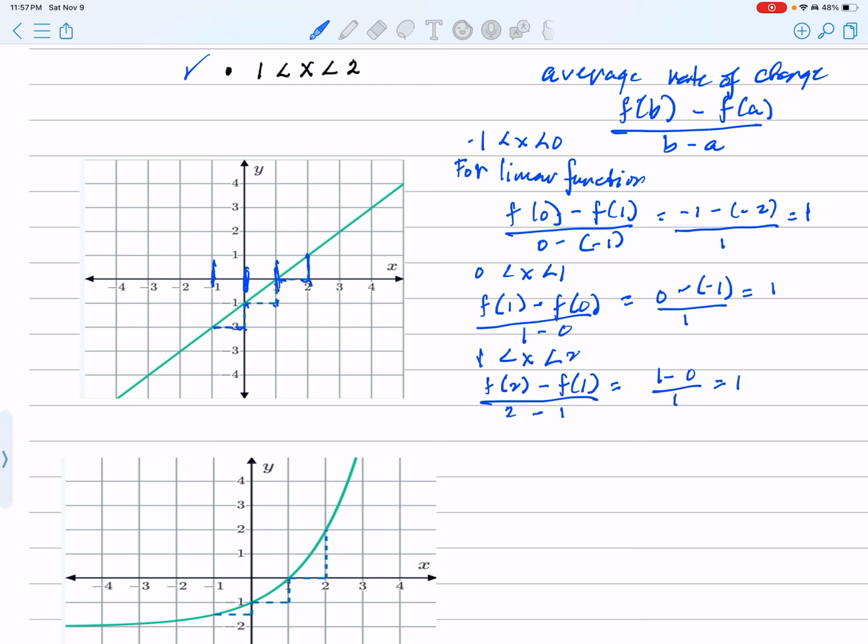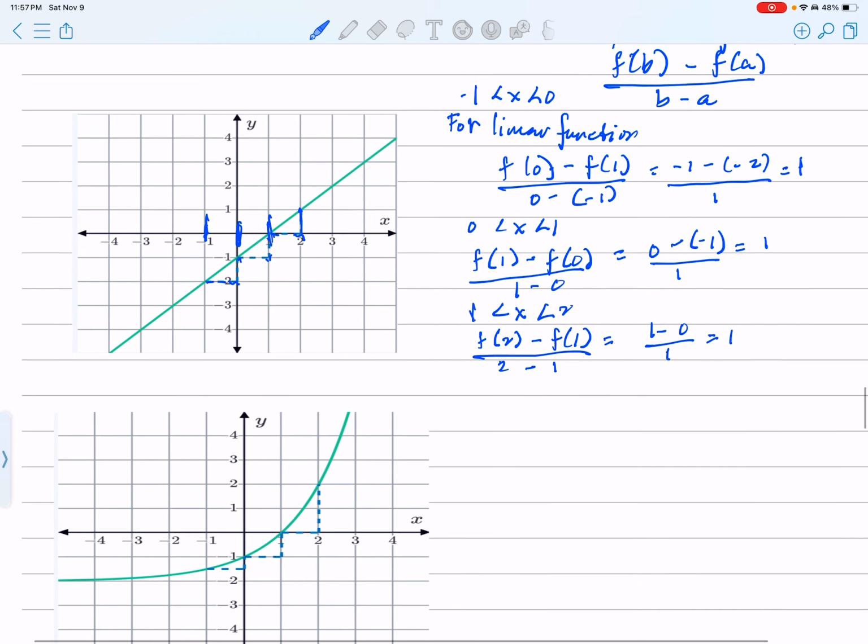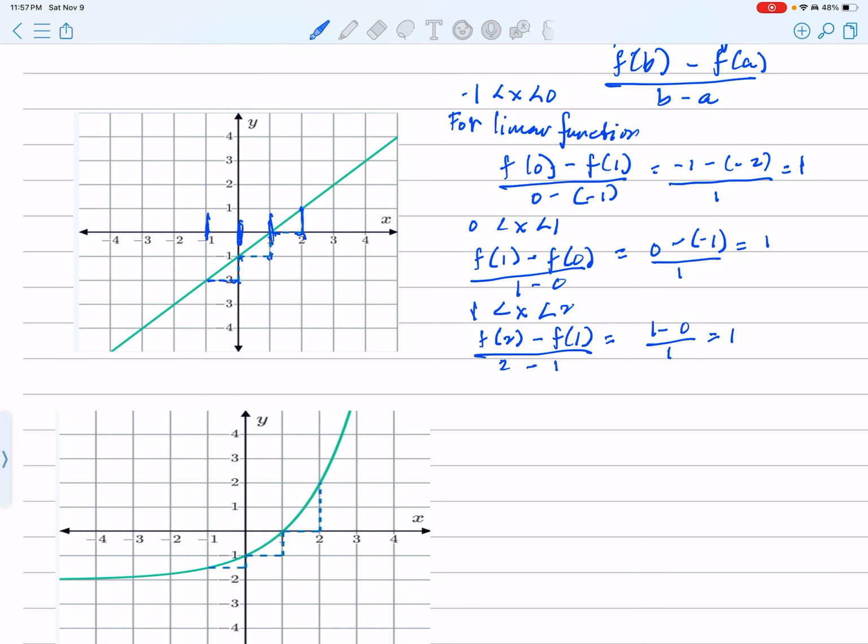So the average rate of change for linear is constant, and the value is equal to 1.